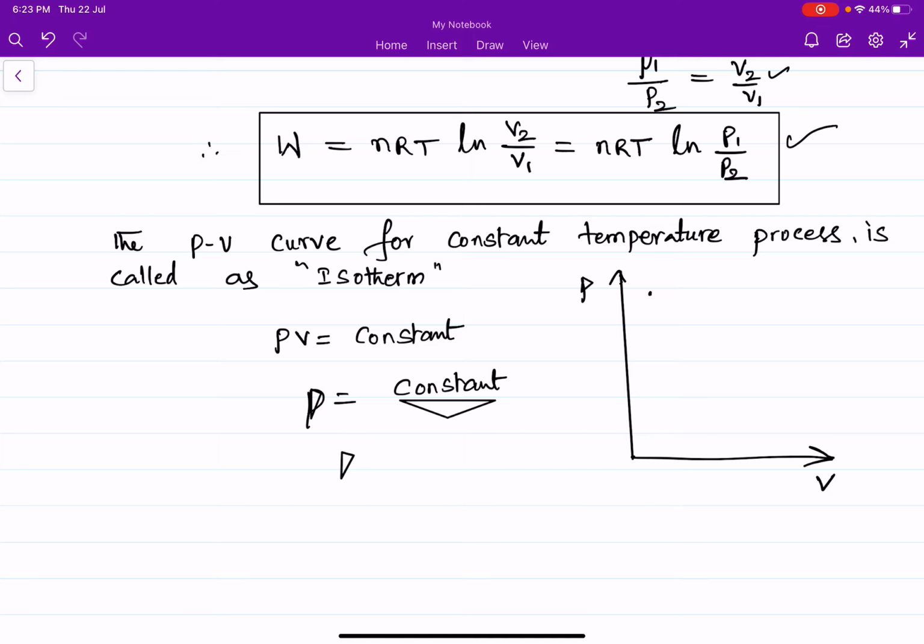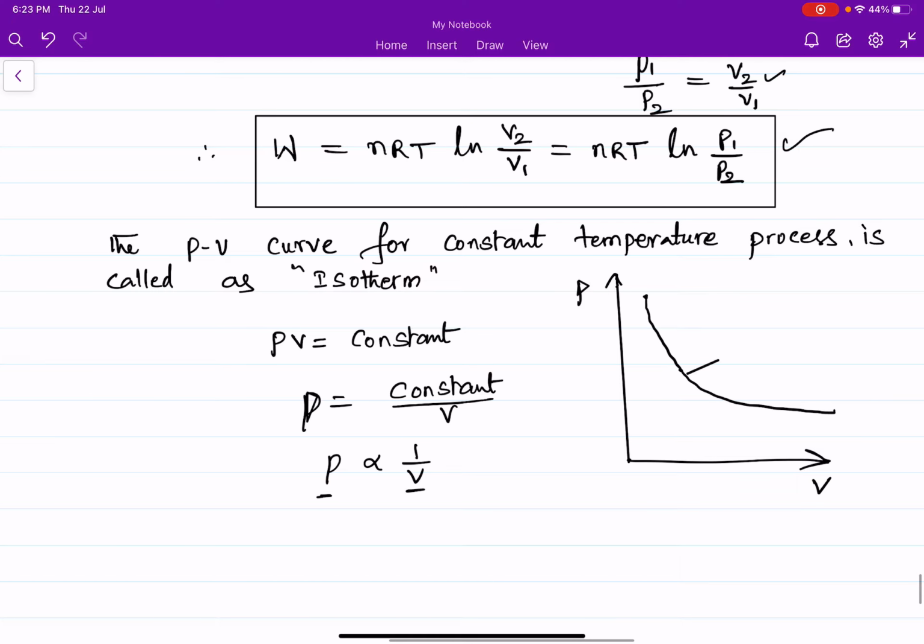So pressure is inversely proportional to volume. That means as volume increases, pressure decreases like this. We call this an isotherm.